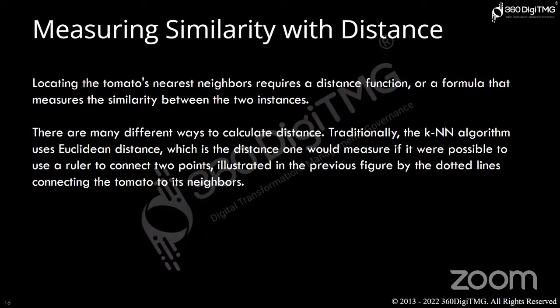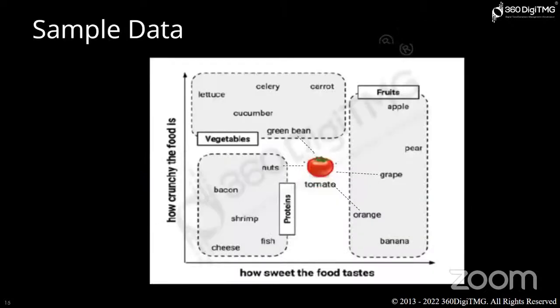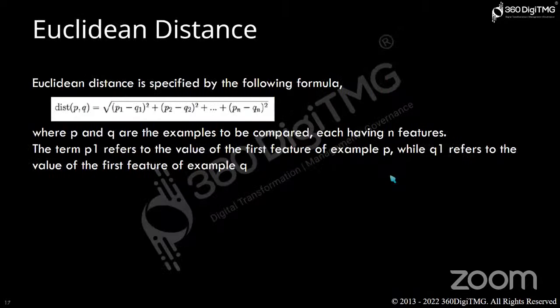Euclidean distance is the distance one would measure if it were possible to use a ruler to connect two data points. This distance we showed here, this dotted line, is the Euclidean distance.